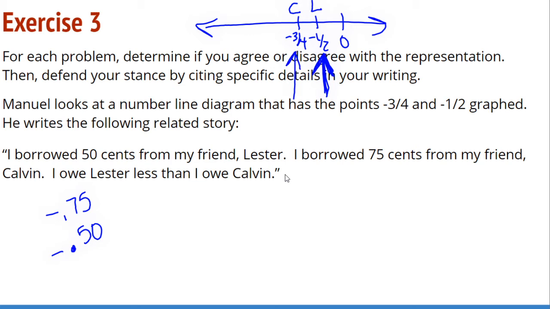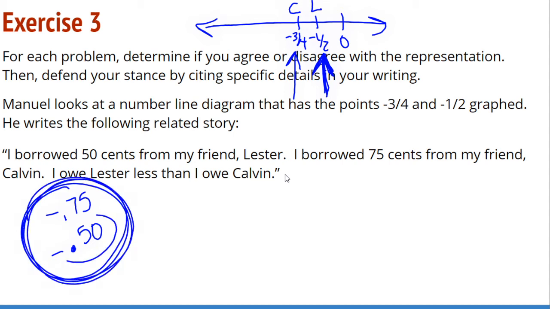So the way that the situation is right is in real life 75 cents is more, but if we're just looking at the values, we would say that 50 hundredths is greater than 75 hundredths. So kind of a tricky one there.